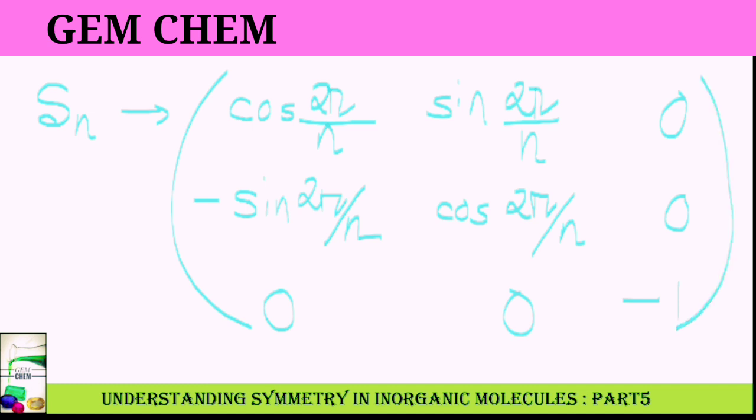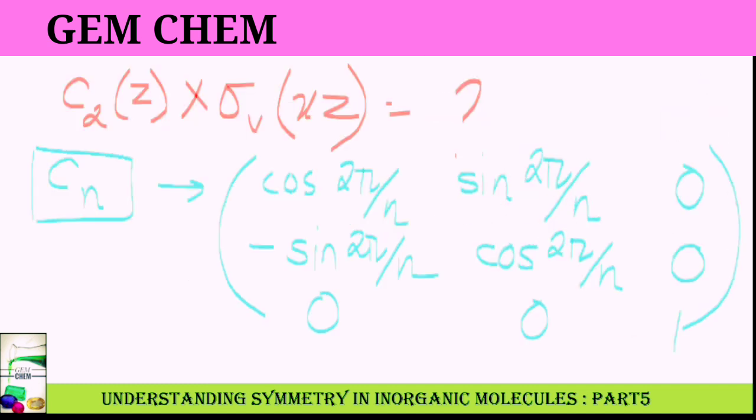So the change comes in this block where we are getting a minus 1, but in the previous case it was plus 1. So here ends the topic where we had converted the symmetry elements into the matrix.